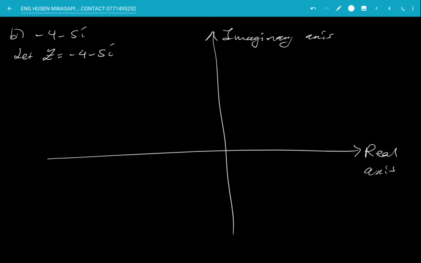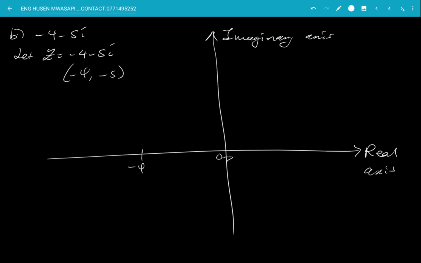So we're moving in the coordinate of -4 minus 5. So I'm moving -4 steps on the real axis. We know this is the negative side, so that's where we'll focus. So any point along the negative side, any point here. So we pick this point to be our -4.